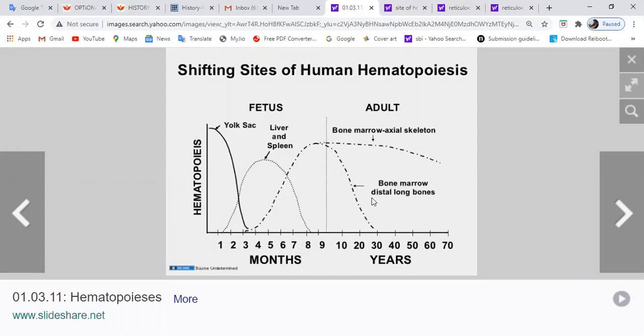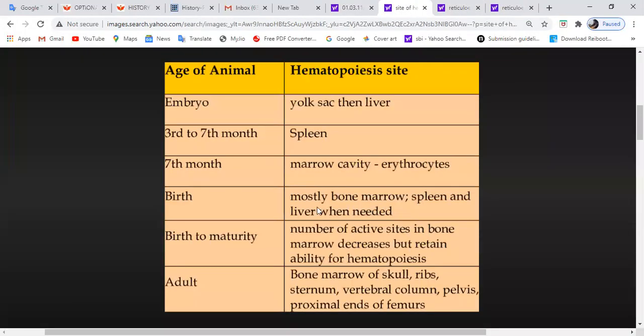But the axial skeleton, as we have discussed, the skull, ribs, sternum, vertebral column, pelvis, and proximal ends of the femur, the bone marrow of all these bones is responsible for producing the different types of cells in the blood. It's called hematopoiesis, right? All these are responsible for producing the hematopoietic stem cells in all of us because we are adults, right?